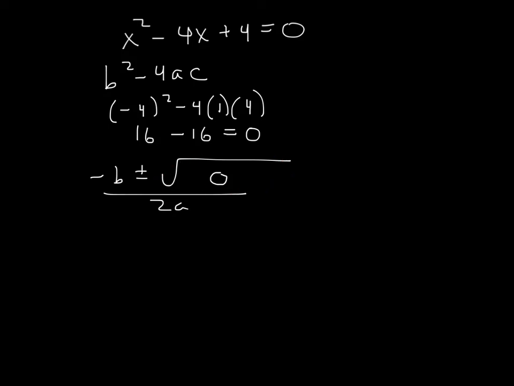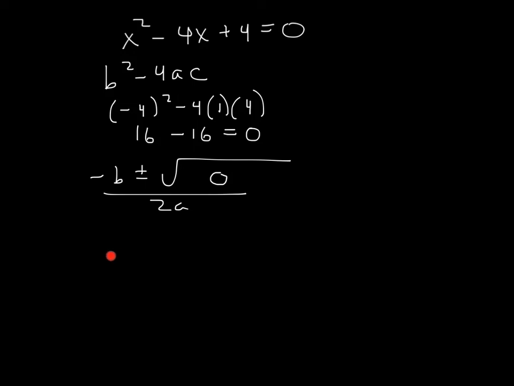Because b squared minus 4ac is the inside of the square root of the quadratic formula. If that's 0, then you're just going negative b plus 0 and negative b minus 0, because the square root of 0 is still 0. Negative b plus 0 and negative b minus 0 are the same thing. Adding 0 or subtracting 0 isn't going to give you two different answers.